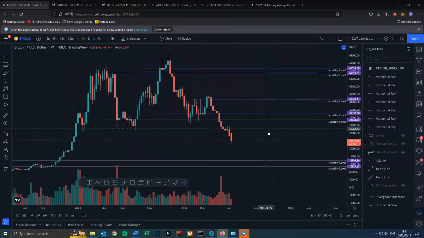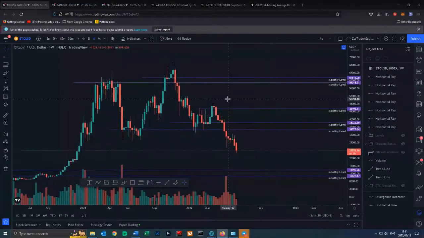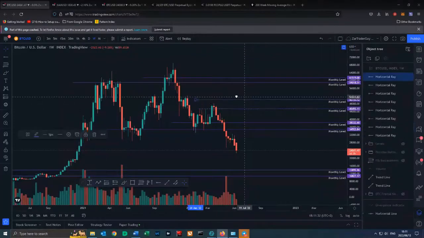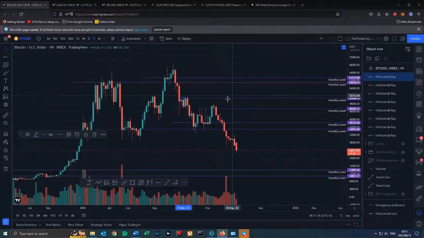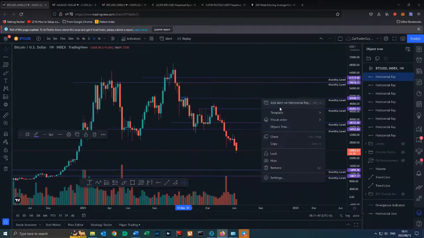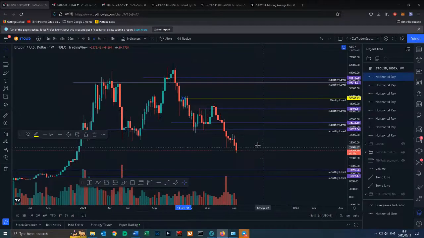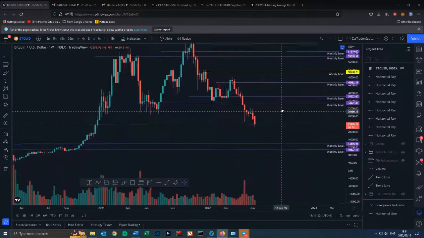So what the intention is here is I want to go and mark the levels that are between these monthly levels, because obviously price doesn't go straight up from 69,000 all the way down to 45,000. It goes in a zigzag motion. So let me just right click and apply my weekly level template, and let's go have a look in between.